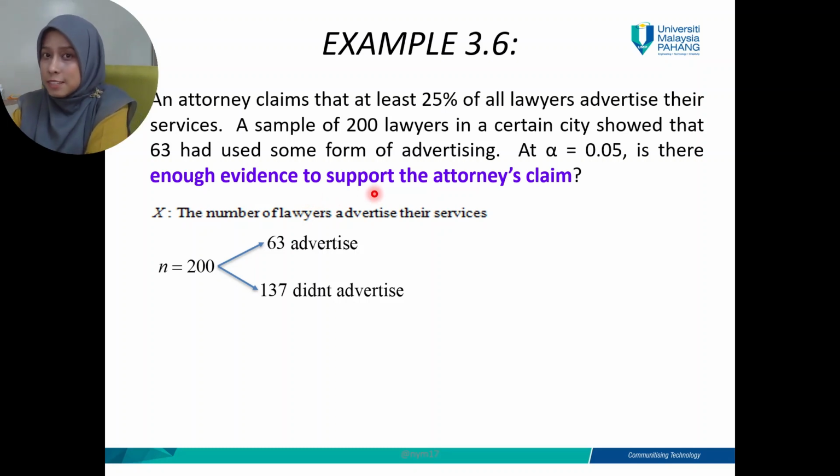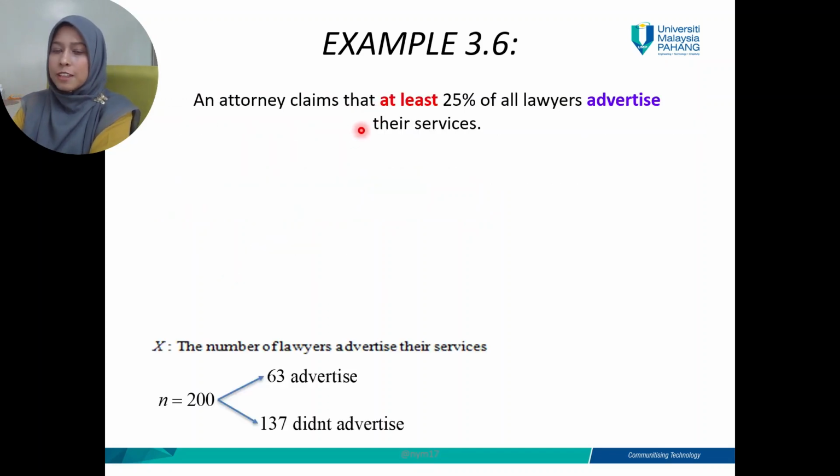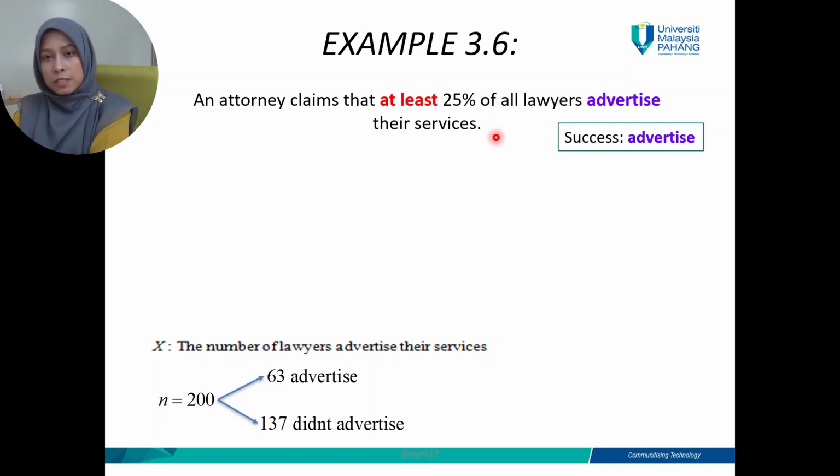So what is the attorney's claim, class? Can you identify which one is the attorney's claim? Yup, it's this one up here. So let's analyze this claim. They say at least 25% of the lawyers advertise their services. So the success here is advertise.